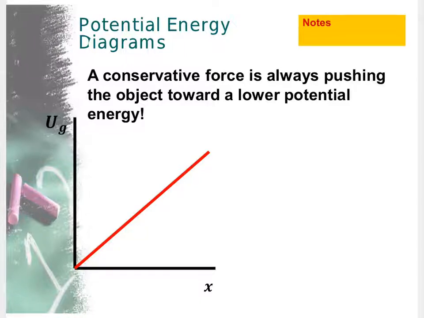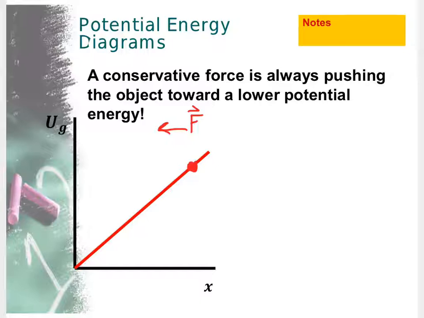So if I have an object way out here, and it has this potential energy right here, I know that when it's at this position x, which we commonly think of as the height, then the force is going to push it toward a lower x, toward a lower potential energy.